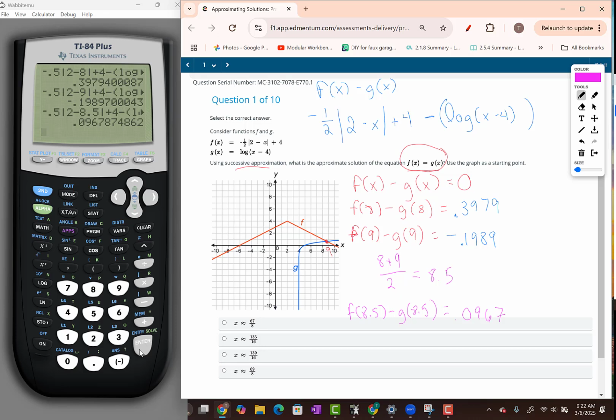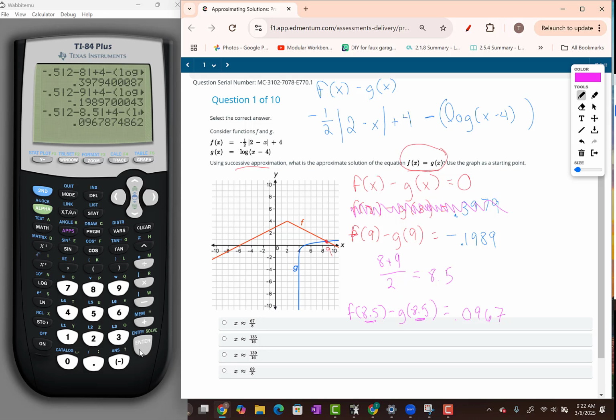So our last step is what we're going to do. Since that answer was positive, we're going to use 8.5 and replace the 8 because it also yielded a positive answer. This should kind of make sense because you can tell that this point of intersection is between 8 and 9, but it's also a little bit bigger than 8.5.